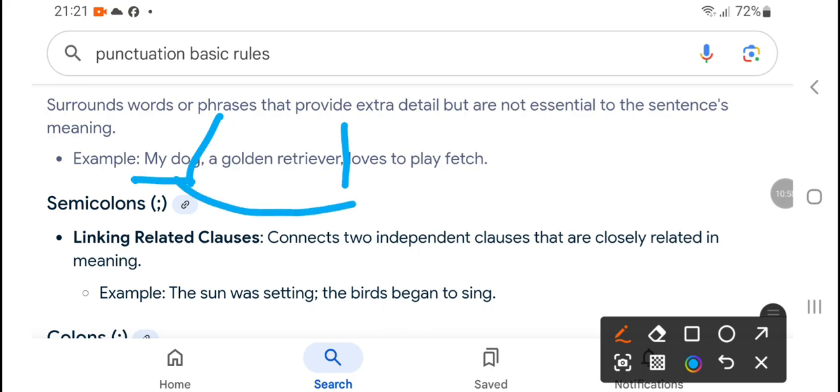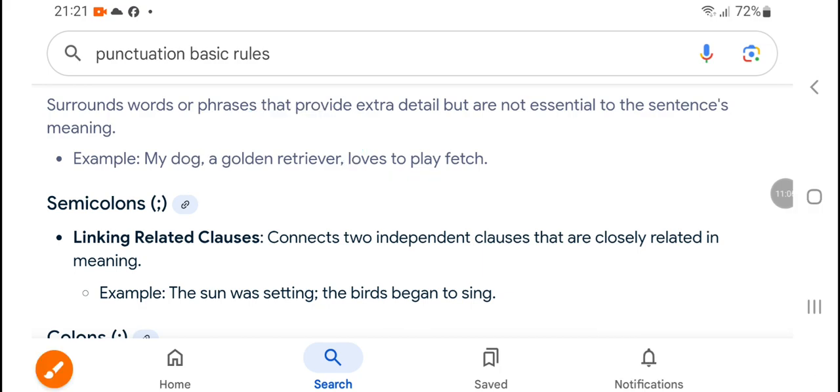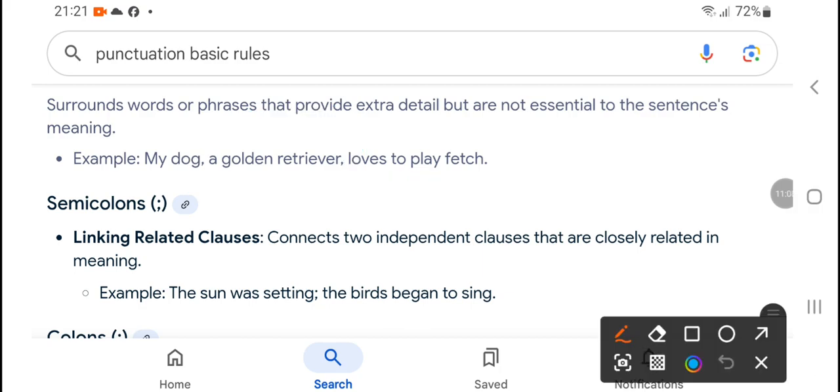My dog loves to play fetch. So "a golden retriever" is the extra information. When surrounding words or phrases are given, this extra information is set off by two commas. So please take care when you use it.